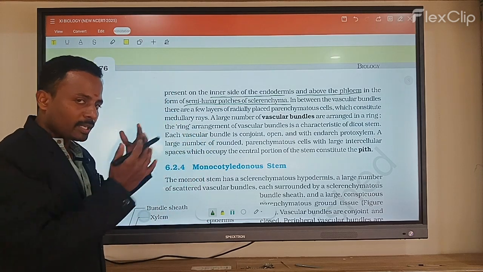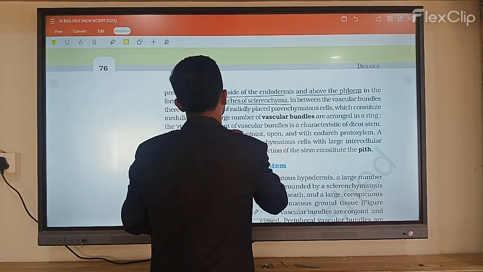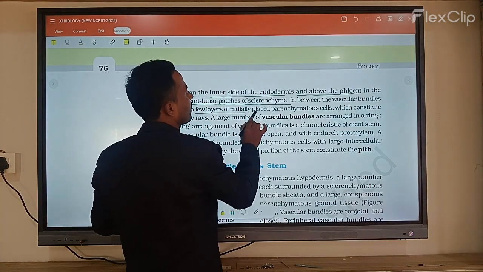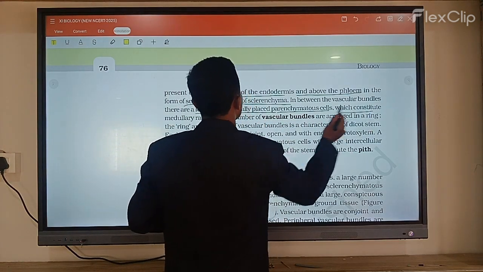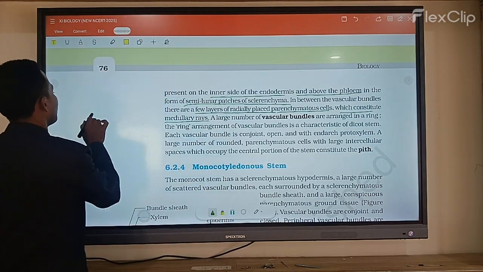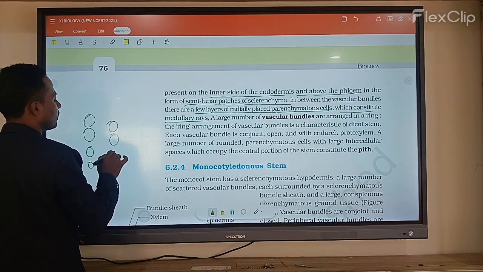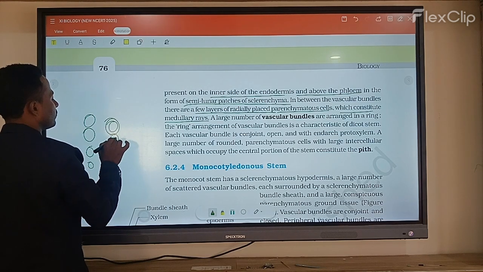Between the vascular bundles, there are a few layers of radially placed parenchyma cells which constitute the medullary rays. So here the vascular bundles are arranged like this, with medullary rays between them.